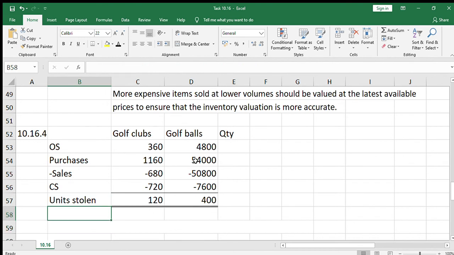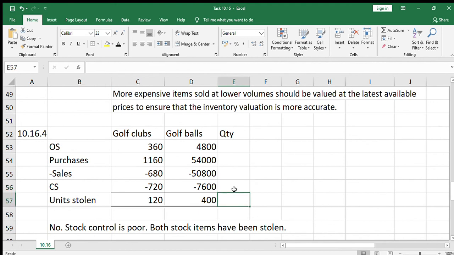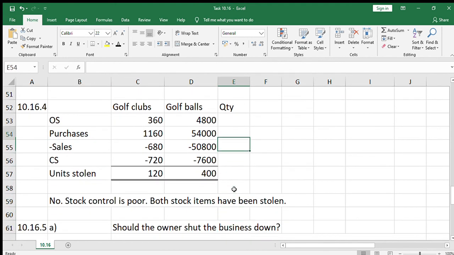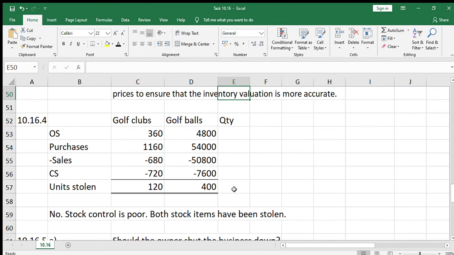Okay, so the stock control is quite poor. Both stock items have been stolen, so they have to improve the controls of stock. So that means put in some security cameras, do regular stock counts, employ a security guard at the door to check people before they leave, also check staff when they are leaving, right?